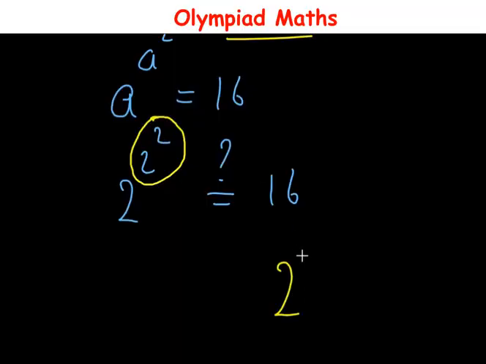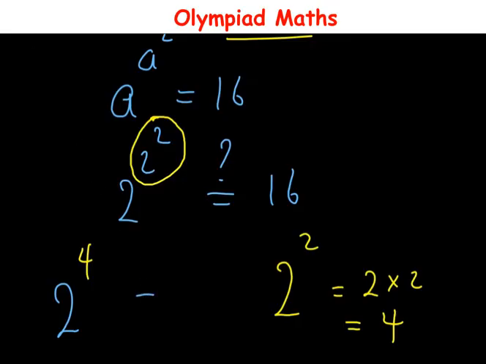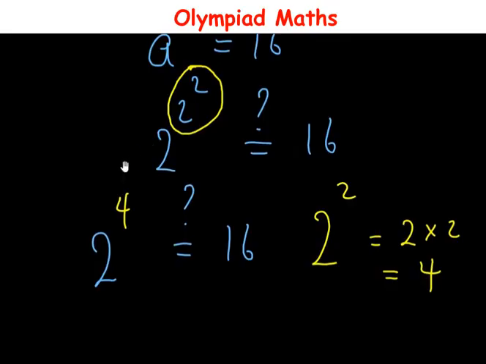We have 2 raised to power 2. Now, 2 raised to power 2 is simply 2 times 2, and this will give us 4. So right here, what we have is 2, then this becomes 4. So with this equal 16, question mark. From here, 2 raised to power 4 is simply 2 in 4 places: 2 times 2 times 2 times 2.